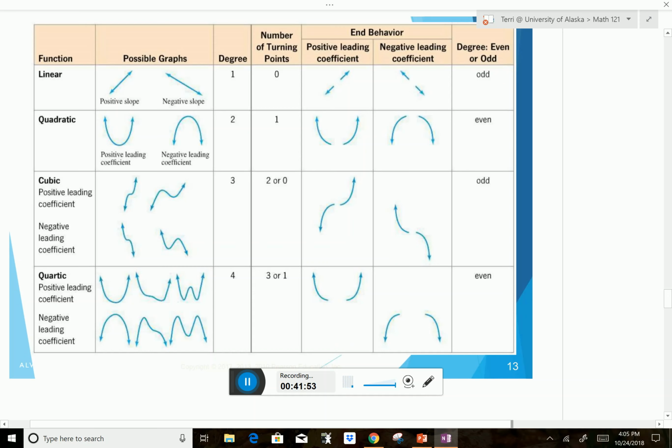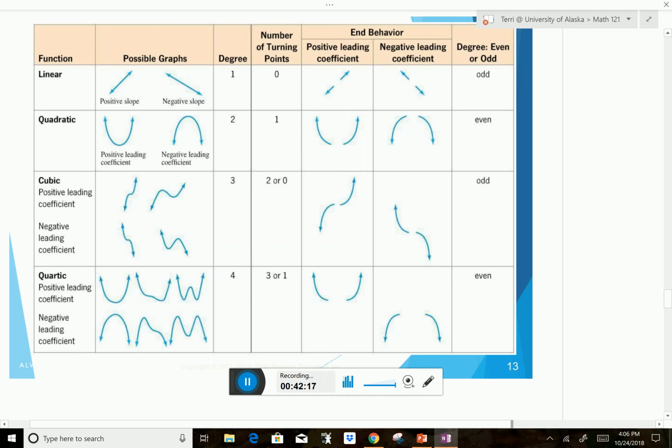Quadratic, we either have a happy or sad graph, positive or negative leading coefficient, whatever the coefficient of x squared is. It's second degree. It has 1 turning point, and its end behavior is either up or down, and it's even.